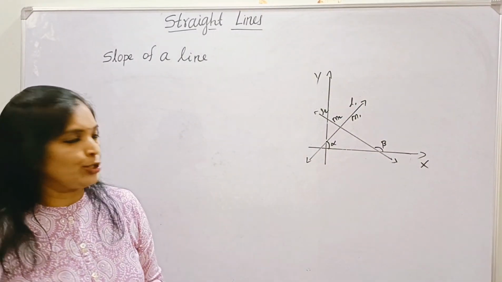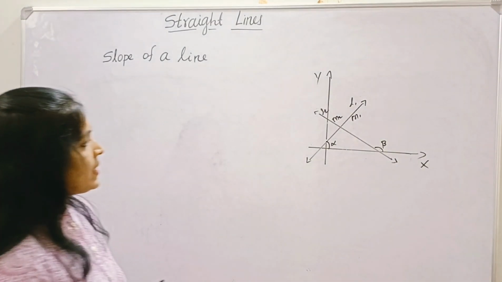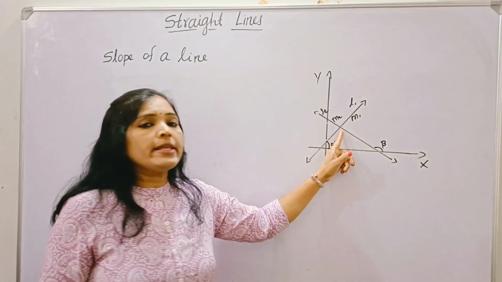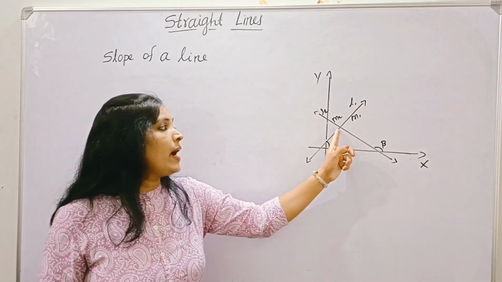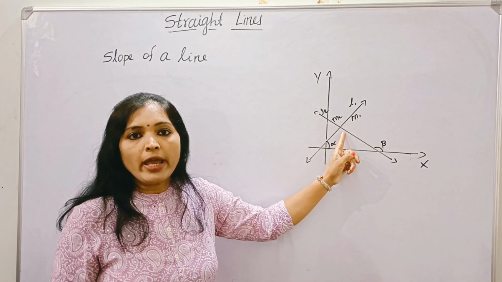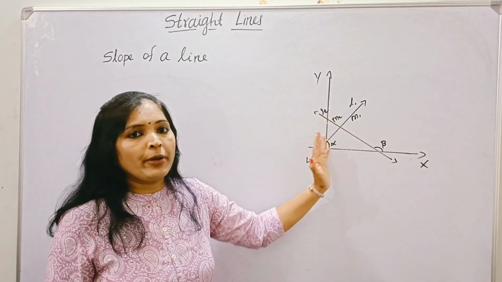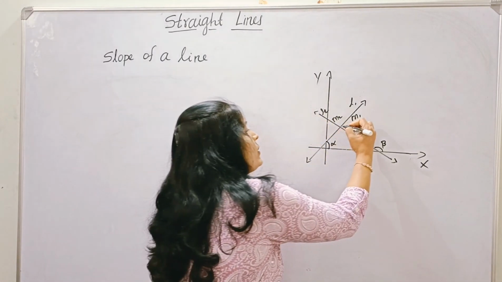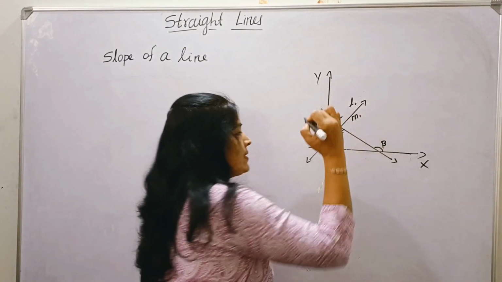Let m1 be the slope of the line L1 and m2 the slope of the line L2. Here it is alpha. Since these two lines are perpendicular, this angle is 90 degrees.